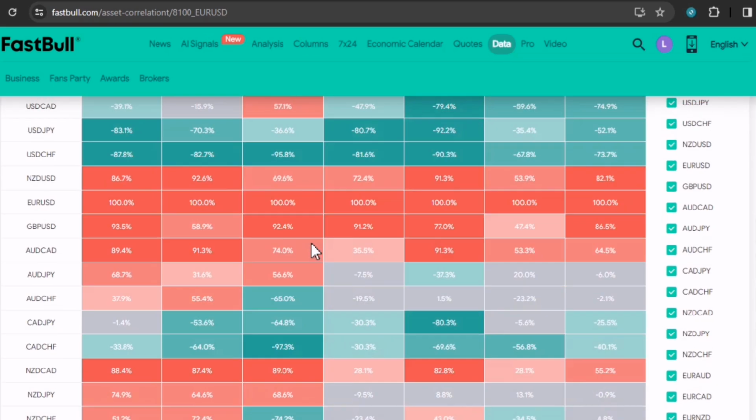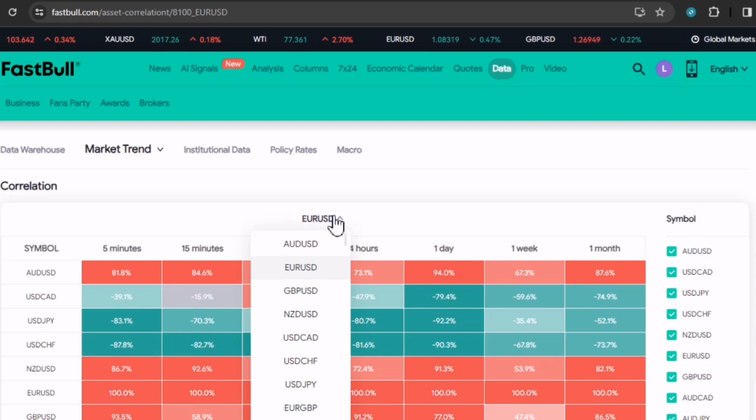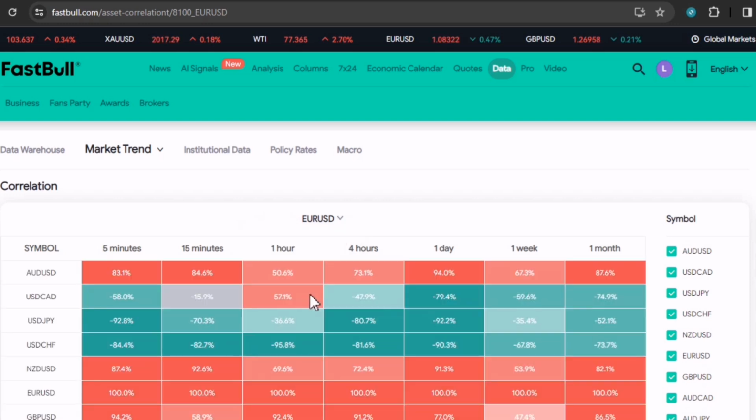What you do on this chart, you just come here and then you select the pair where you found a very good signal. In this case, let's just leave it here at Euro USD.